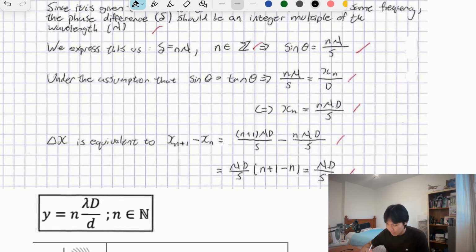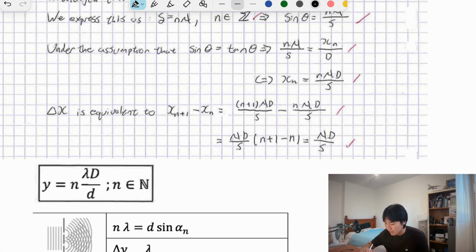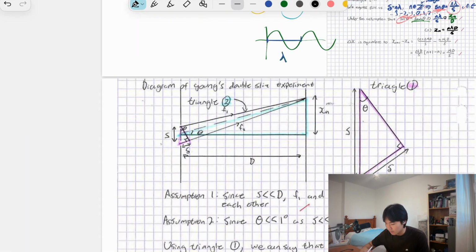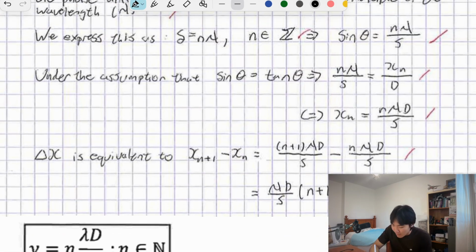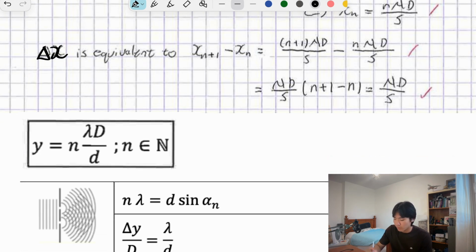And then sometimes you might be asked to find what delta x is, right? And what delta x is, well, it's the same thing as this formula, whereas here it's just delta y, but I wrote delta x instead because that was given in the question, right?